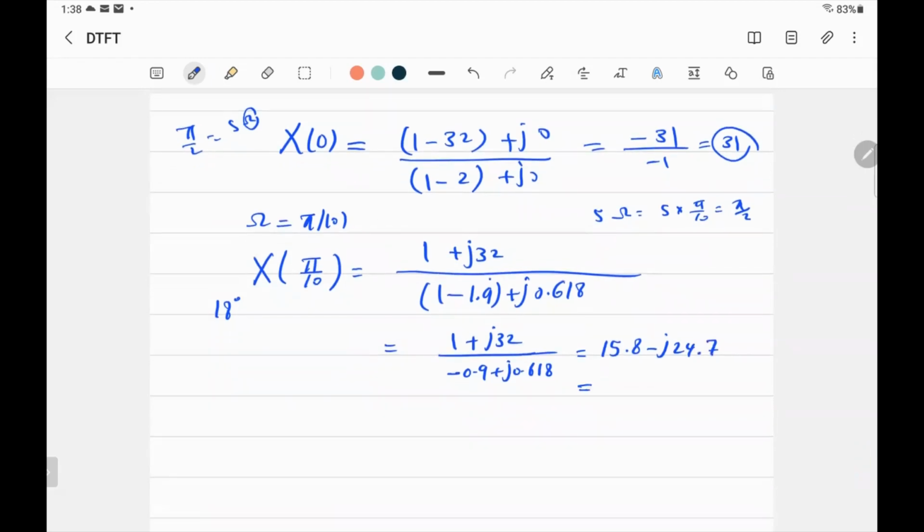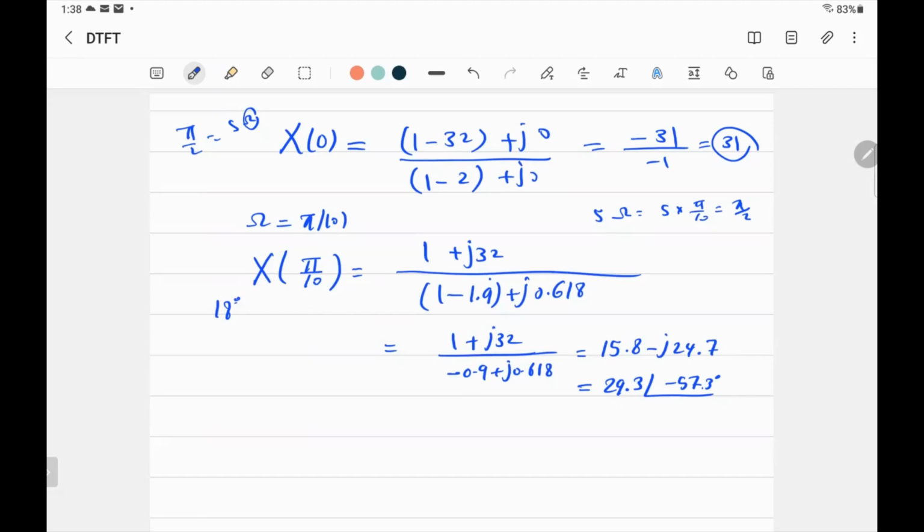Shift, complex 3. I got 29.3 and the angle negative 57.3. So at this frequency, 18 radian per second, you will have amplitude 29.3.